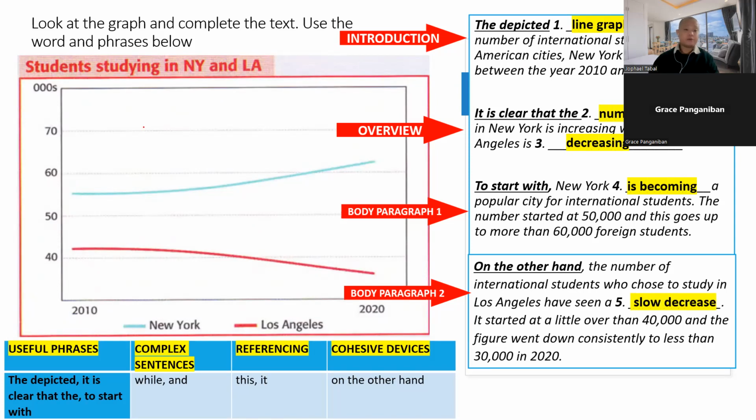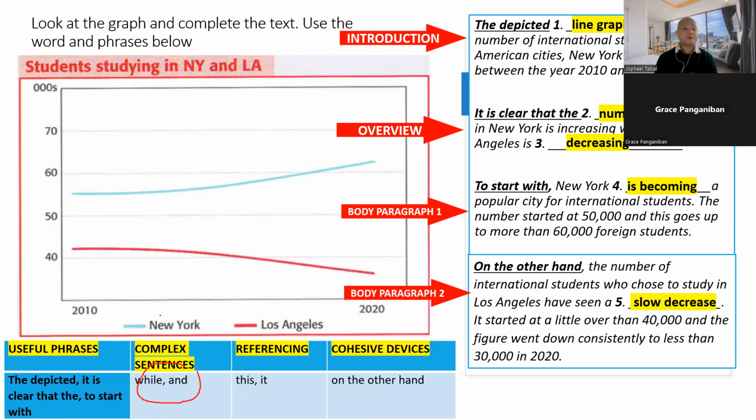Writing task one grammar is not as complicated as writing task two. Here we only have to use complex sentences and tenses. So if there is a date in the past, use simple past.